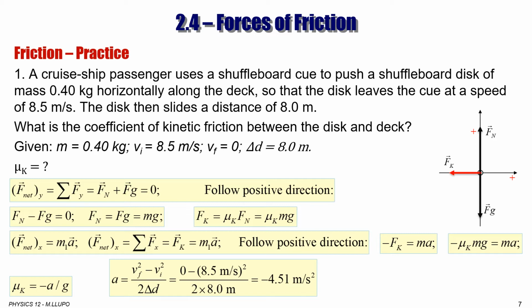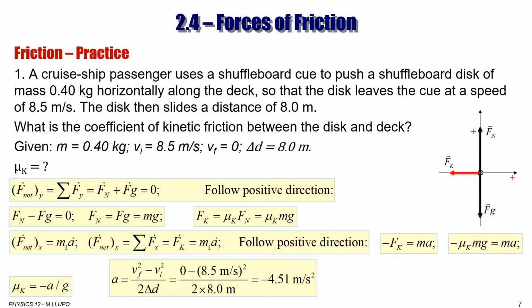So a now you need to find out, because we have initial velocity, final velocity, and displacement. Using one of those 5 kinematics formulas, you can find acceleration is 0 minus 8.5 meters per second, all this squared, divided by 2 times 8 meters, and the answer will be minus 4.51 meters per second squared.